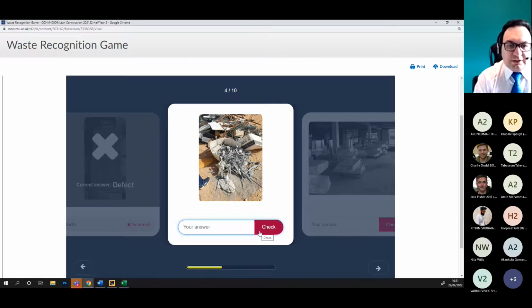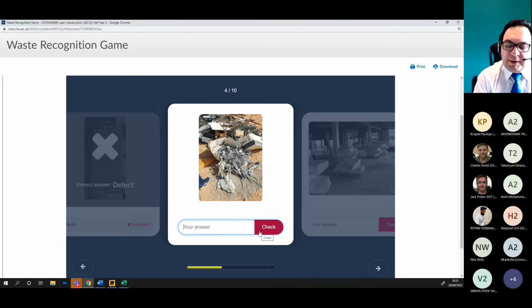What about transportation, Krupali? Because we are moving things from one place to another, and something might get wasted. The material is getting damaged by transportation as well.